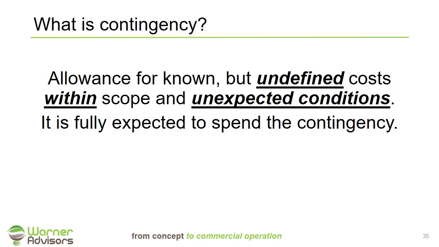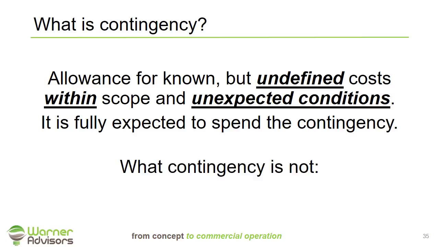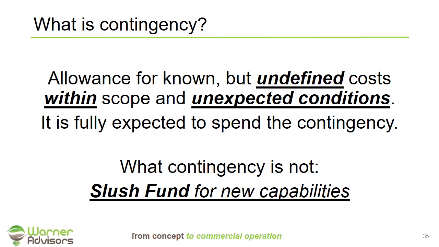So now is an important point to talk about what contingency is not. What it is not is a slush fund for new capabilities. I often see ventures put a 10% contingency on a project, which is appropriate at the end of FEL3, and make the assumptions that they'll be able to do upgrades to their process or new allowances or things that are outside of the project, and assume that is simply a buffer in case of the unexpected, when most history of how projects are developed and executed tell you that items will come up, especially on new technologies, that will require that to be spent within the scope of the project.